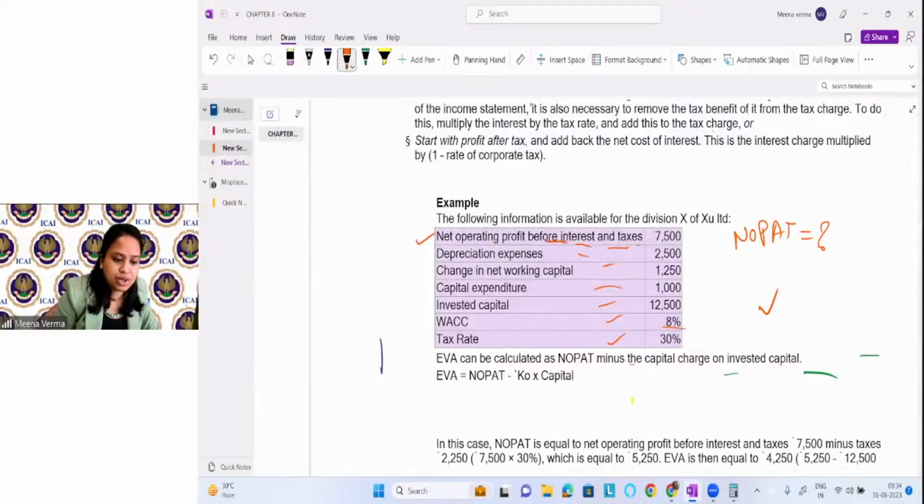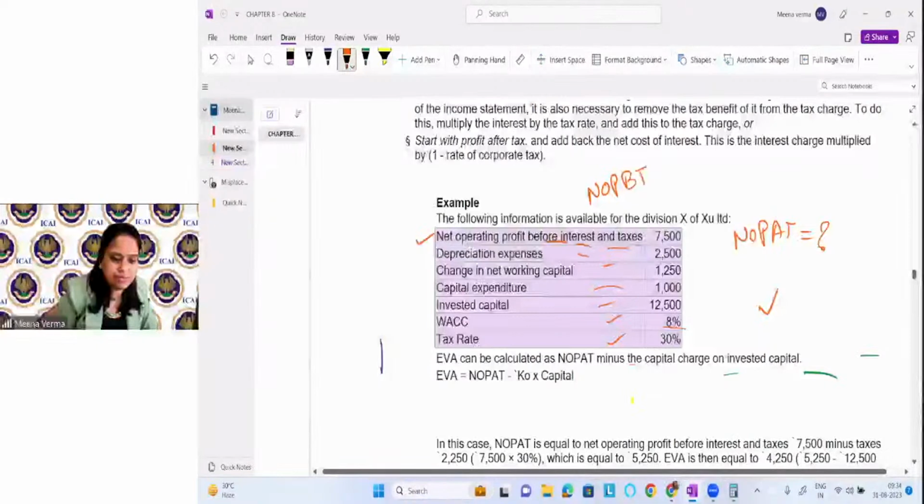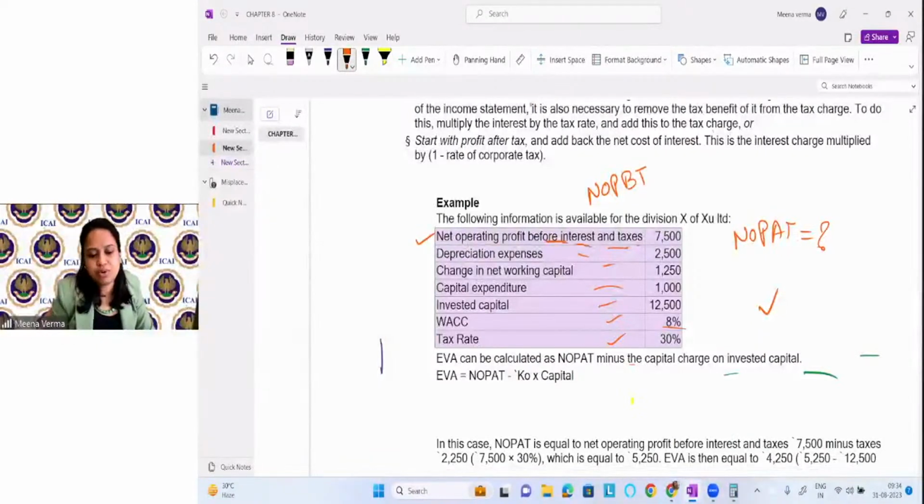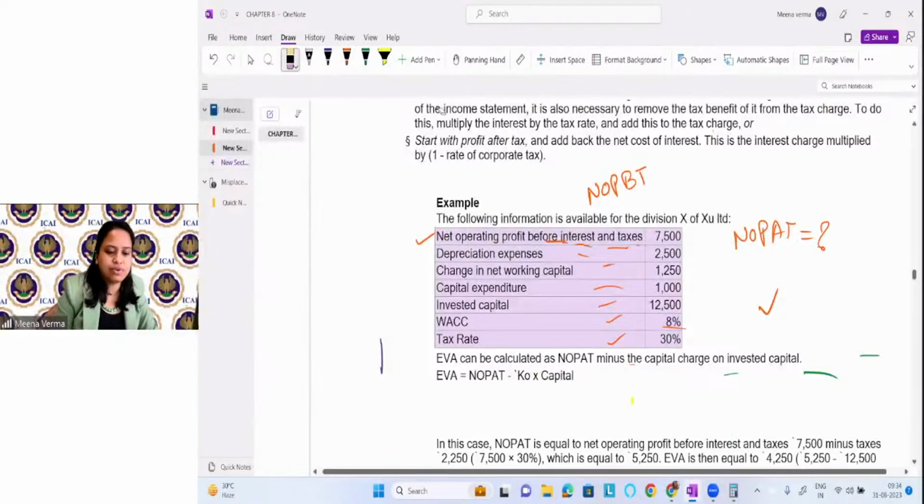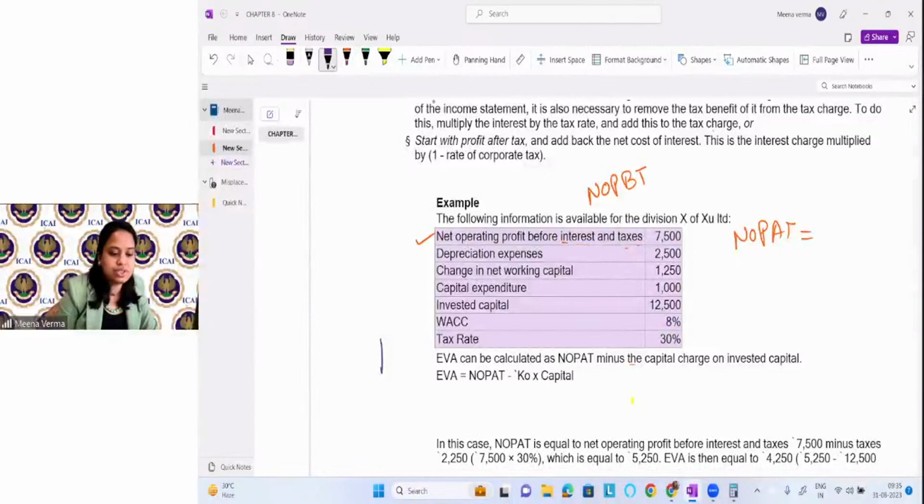We have net operating profit before tax and we want to find the net operating profit after tax. You have to consider the net operating profit before tax, that was 7,500, minus tax, which is 30%. If you do this, you will get net operating profit after tax.